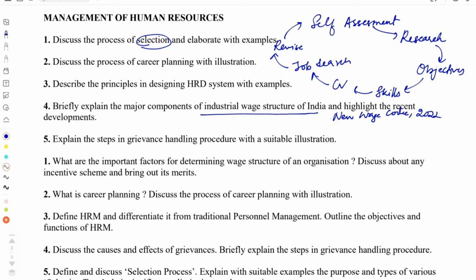This is a definition given by Edwin B. Flippo. And HRM is the process of acquiring, developing, maintaining and retaining human resources in the organization with the strategic objective of achieving organizational goals.